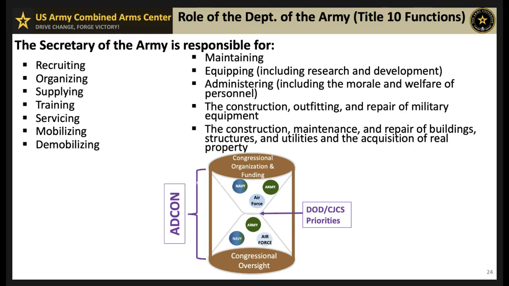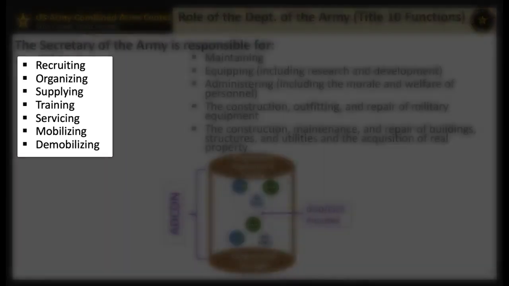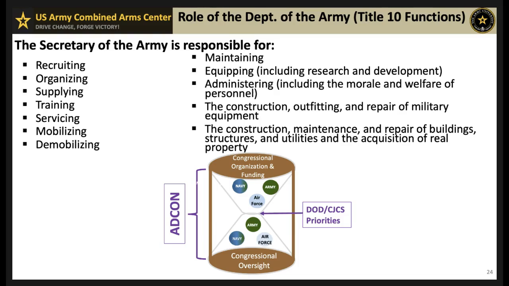This slide outlines the Title 10 functions of the Department of the Army, detailing the responsibilities of the Secretary of the Army. These responsibilities include recruiting, organizing, supplying, training, servicing, mobilizing, and demobilizing the Army.